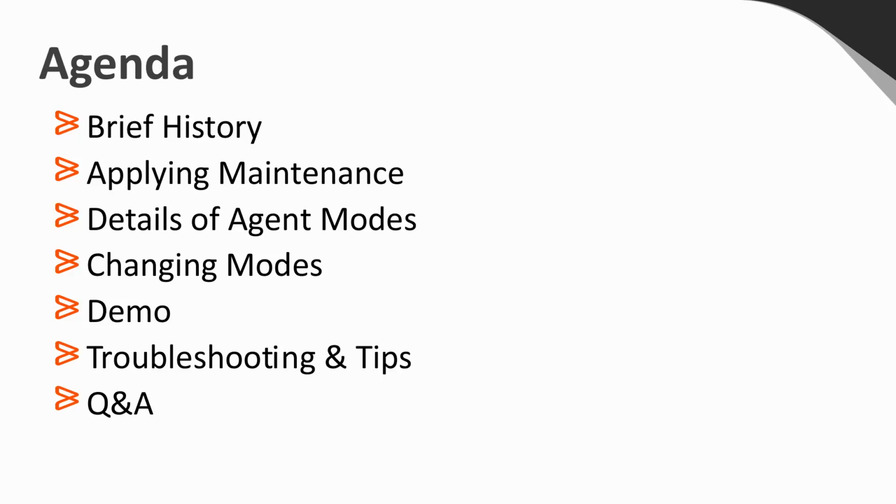I'm going to demonstrate the execution of jobs in non-root and Sudo mode and demonstrate the changing of the modes on a Control-M agent. I'm going to be using Ubuntu Server 15.10, which was recently introduced support. Then we're going to talk about some troubleshooting and tips with the agent execution, and then we'll be answering your questions.